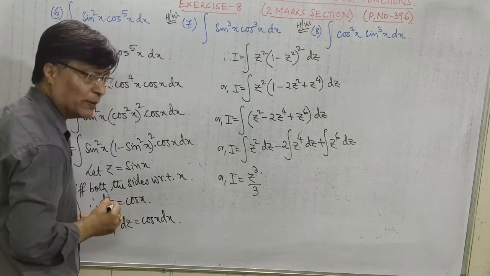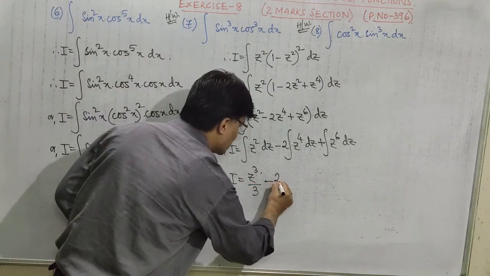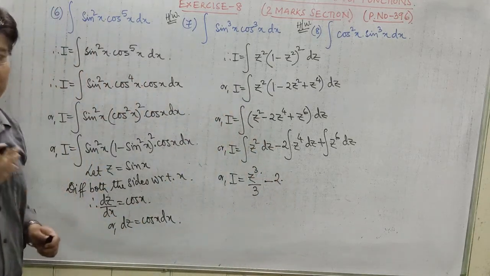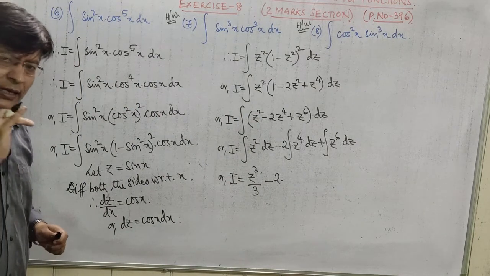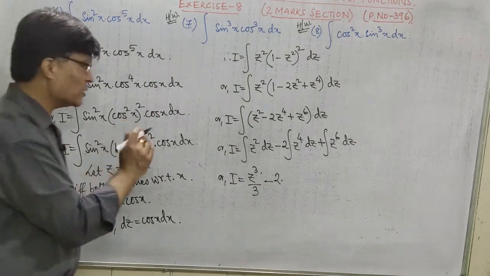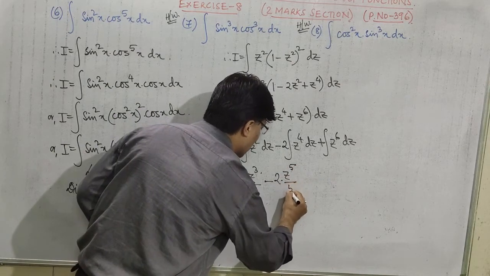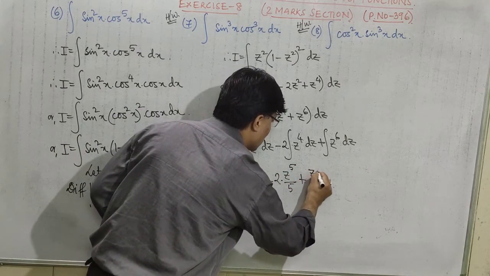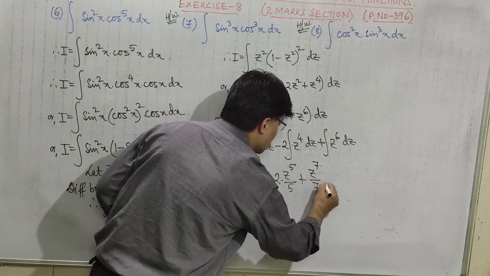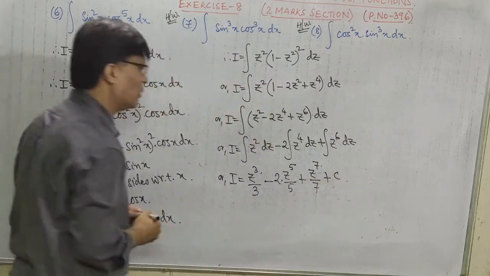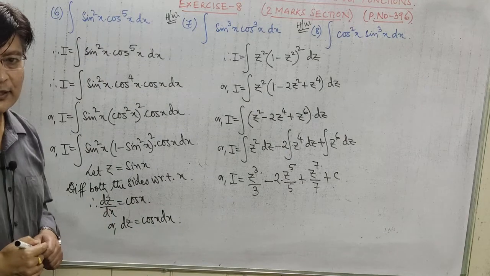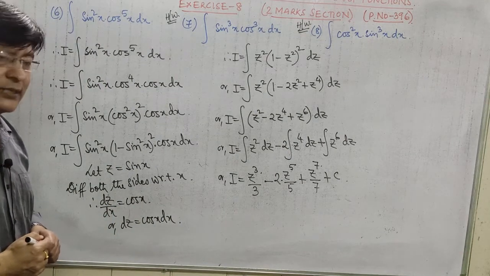This is z cube by 3 minus 2 into, it is just like your integration of x to the power n dx, that is x to the power n plus 1 divided by n plus 1. So it is minus 2 into z to the power 5 by 5 plus z to the power 7 divided by 7. Then what do we write? Plus c. Is that clear?